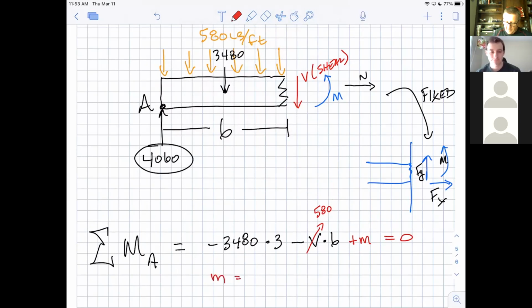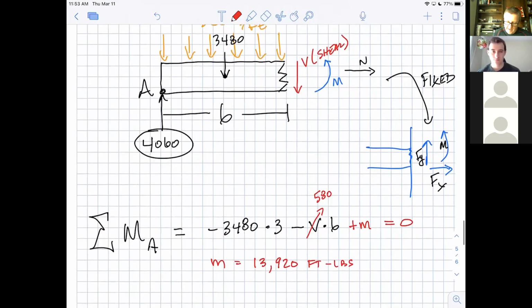It's all negative. So if I add 3480 times 3, and I add 580 times 6, I get 13,920 foot-pounds of moment. And again, notice that's at x equals 6 feet.